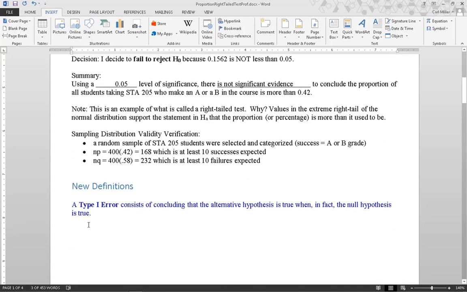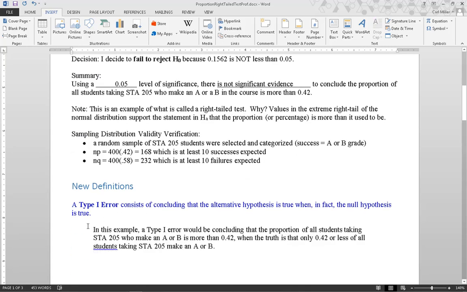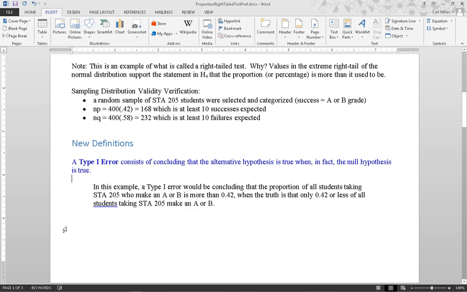So what that would look like in this case would be that a type 1 error would be to conclude the proportion of all students taking Stat 205 who make an A or a B is more than 0.42, when the truth is that only 0.42 or less of all students taking Stat 205 really make an A or a B.